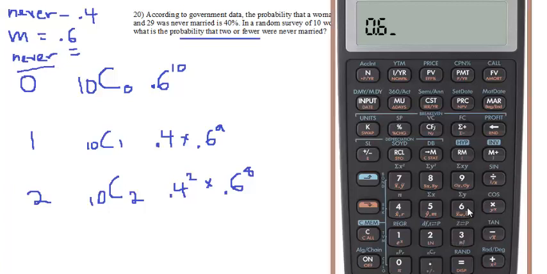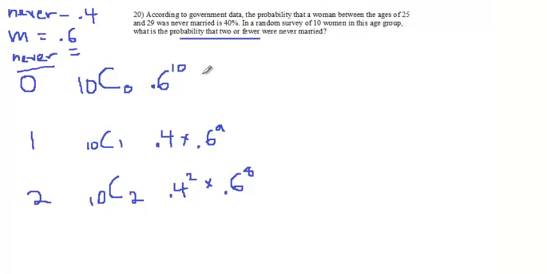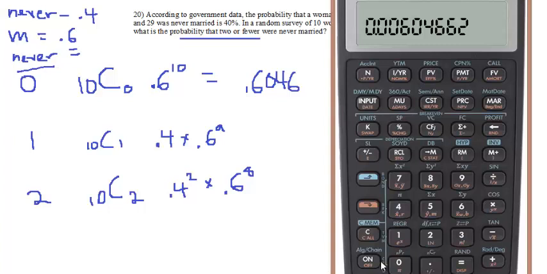We'll use the power function, which is shift and y to the x. You don't have to know how to use this kind of calculator, but I'm doing that to the 10th power. And that gets you 0.006046. All right, we'll leave it to 4 places. That should be fine.